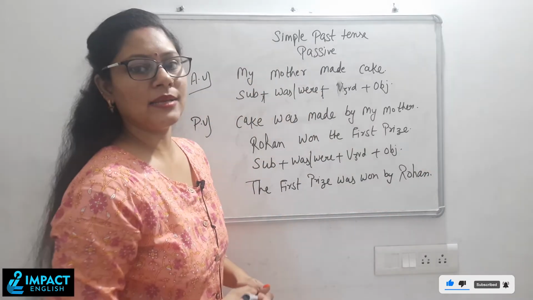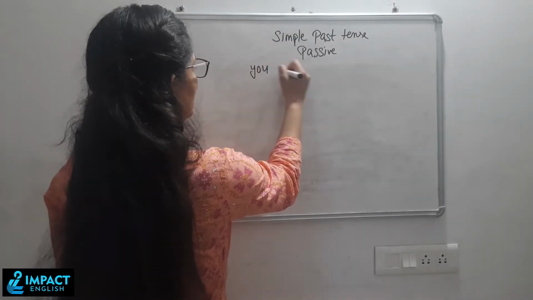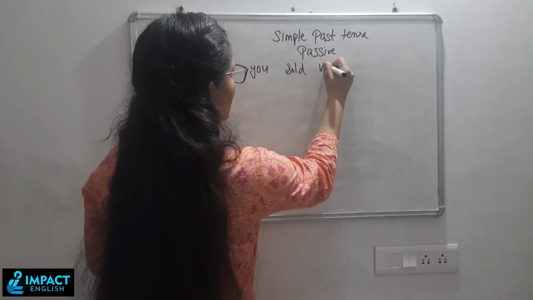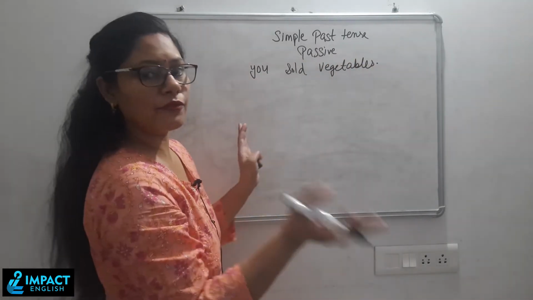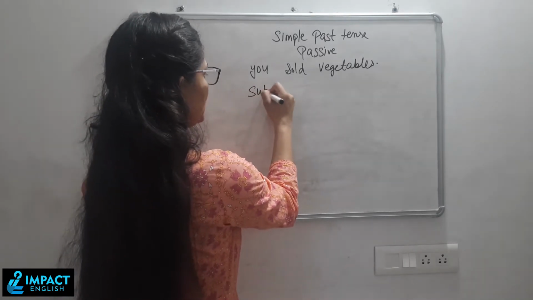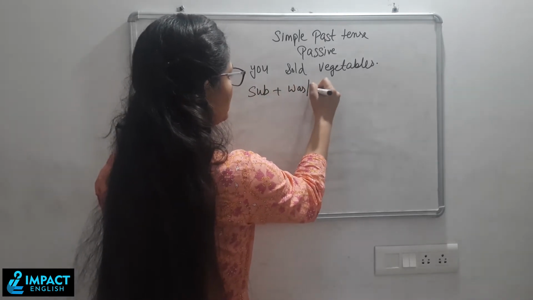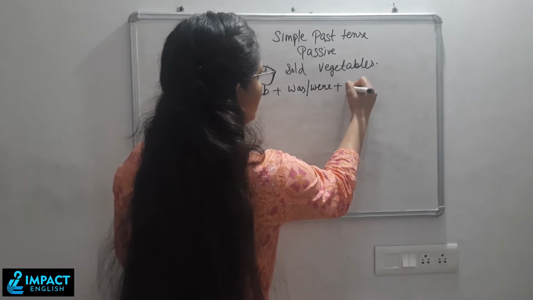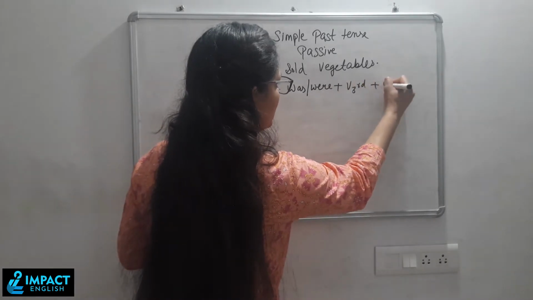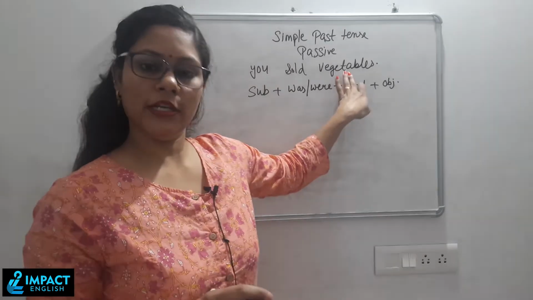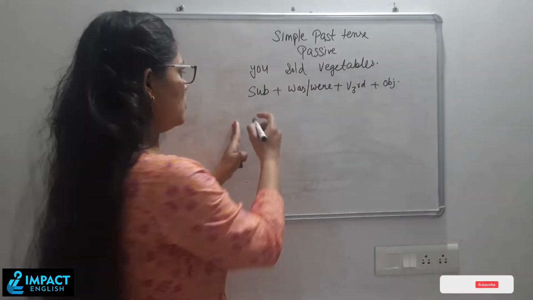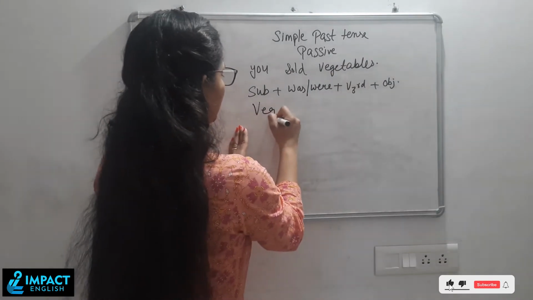We take another example. You sold vegetables. Again, we have to follow the same structure. Subject, was, were, verb's third form, and then object. See here, this object will be the subject. Now, vegetables.